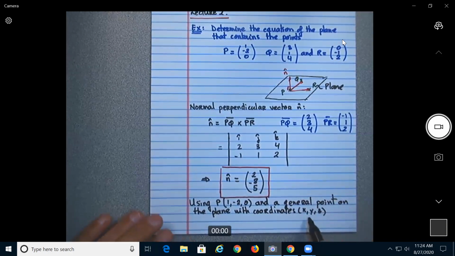We need to introduce x, y, and z because the equation needs to be in function of x, y, and z, no? Okay. All right.